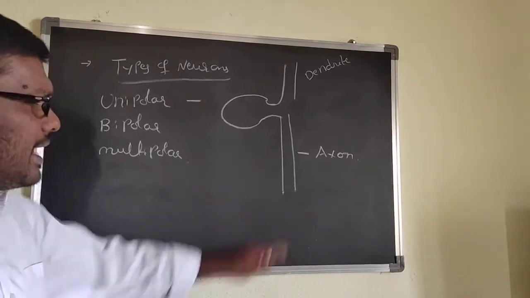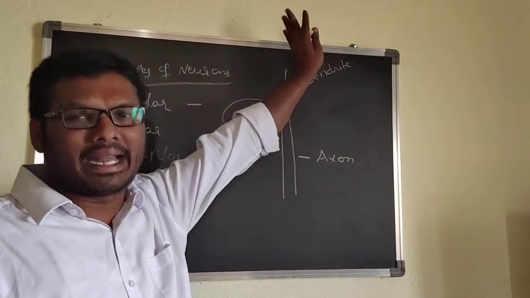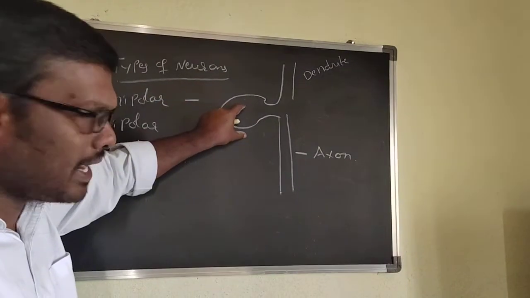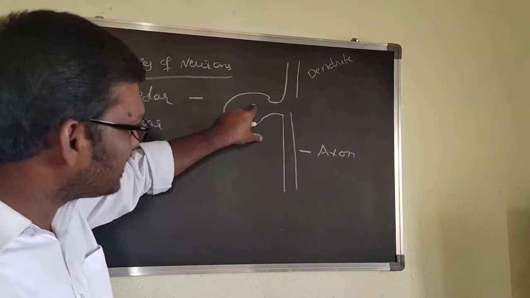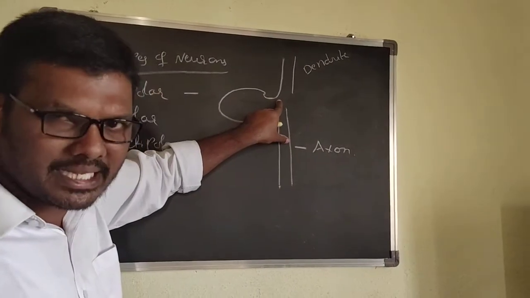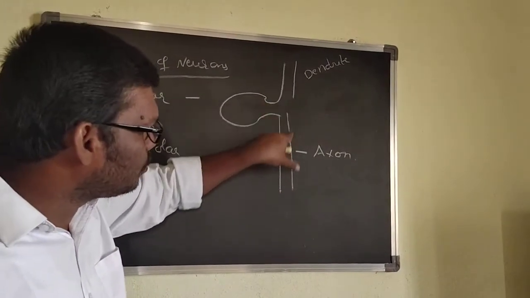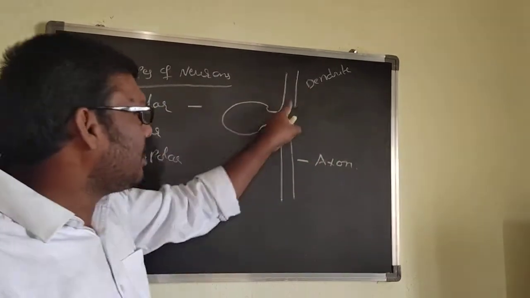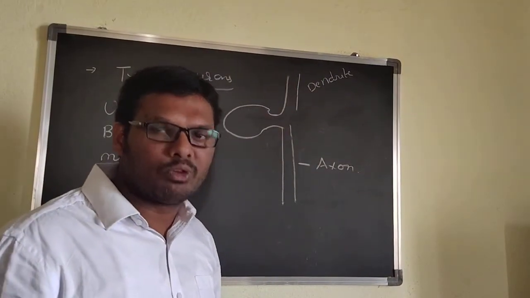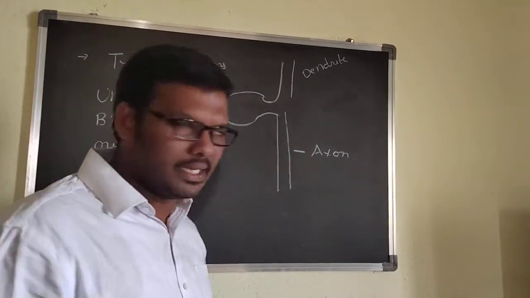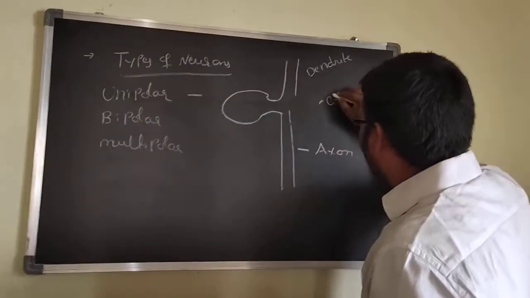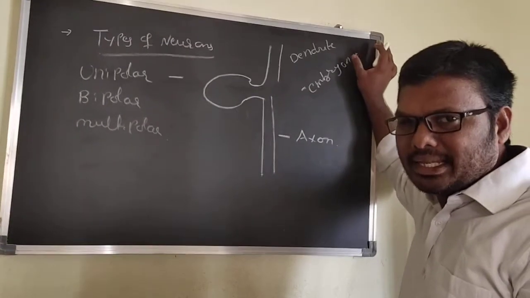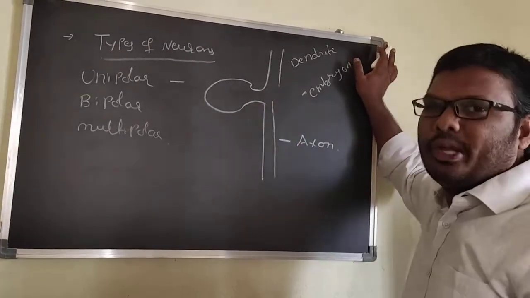Strictly we can say they have an axon, but there is no proper dendrite. That is the unipolar neuron. Where are unipolar neurons seen? In the embryonic stage, in the fetus, we can see unipolar neurons.